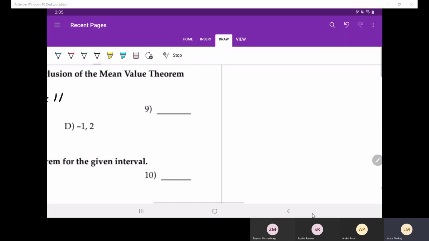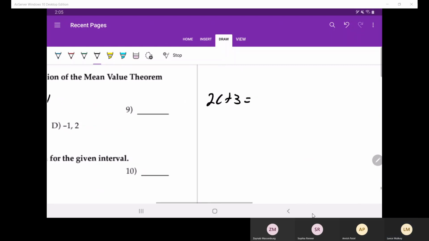So come over here, we have 2c plus 3 equals 11 minus -1 over 2 minus -1.